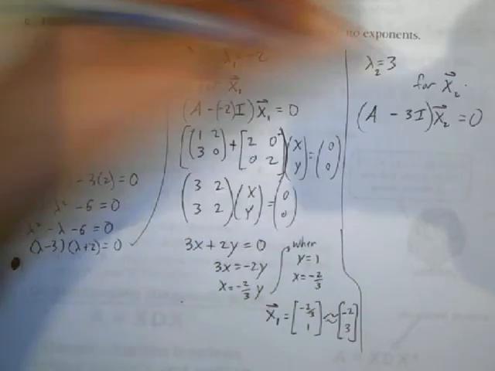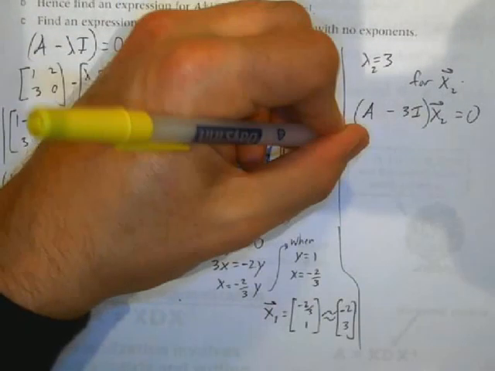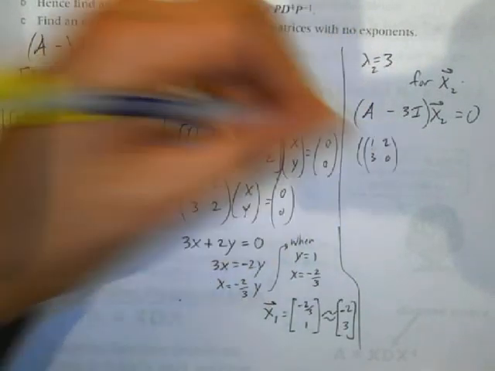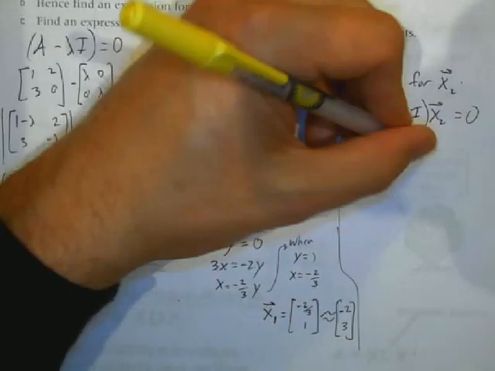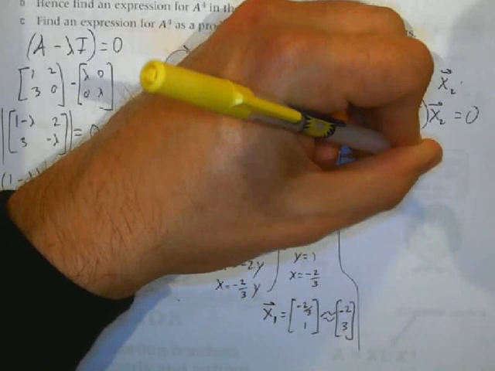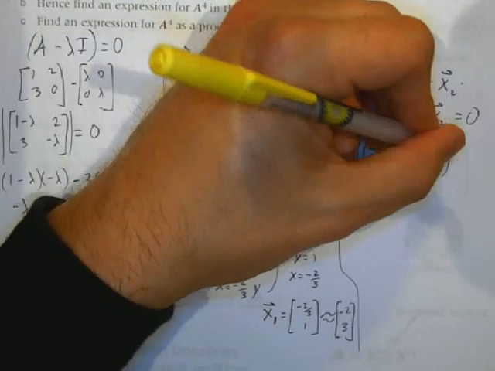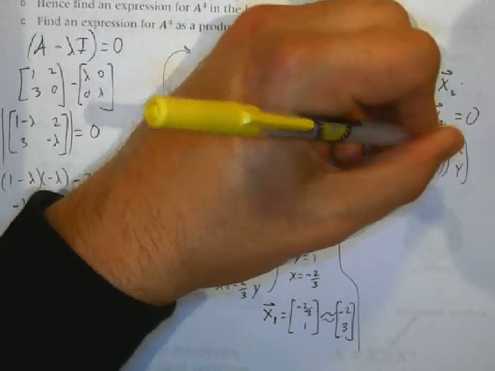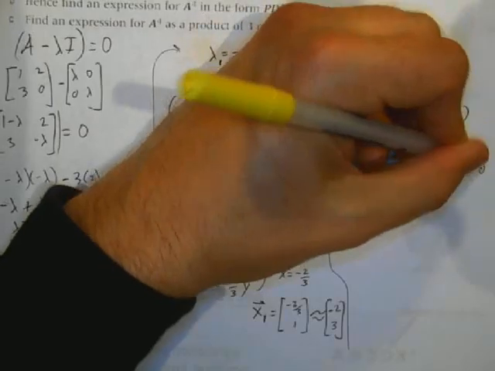Okay, so matrix A, 1, 2, 3, 0, minus 3 times the identity, which is 3, 0, 0, 3. That eigenvector, I'm going to call this x and y, and then it equals the 0 vector, 0 and 0.